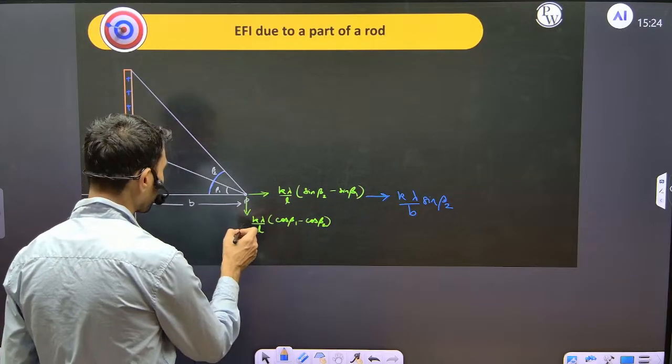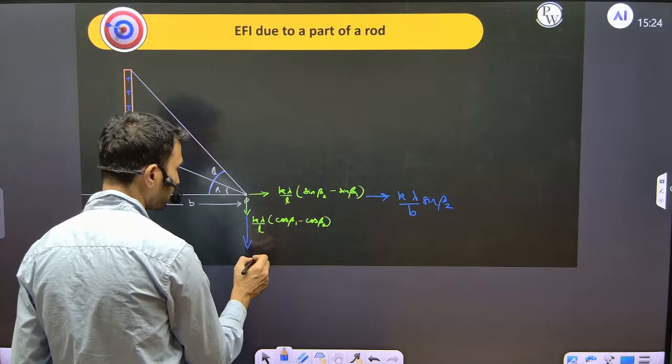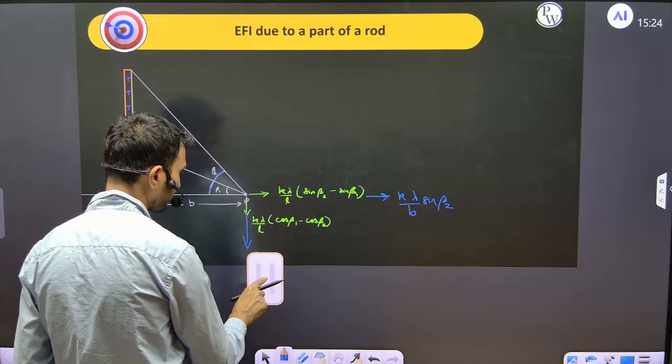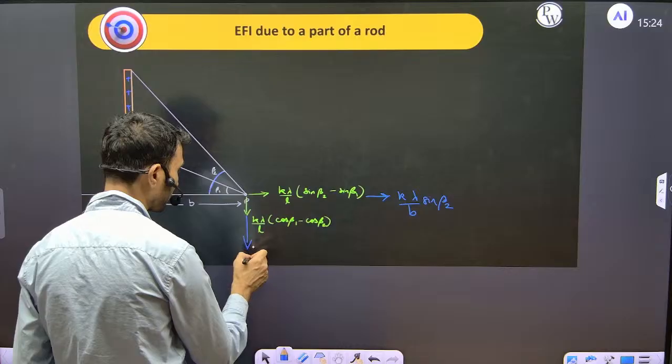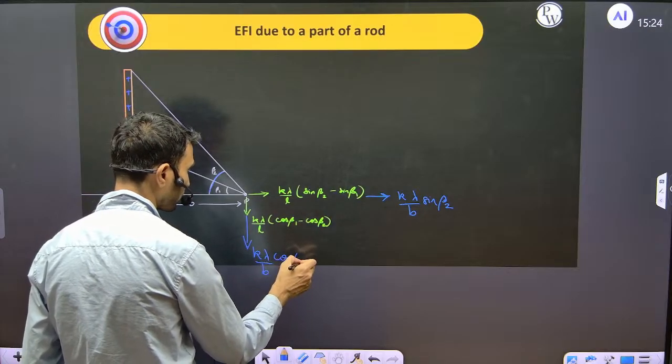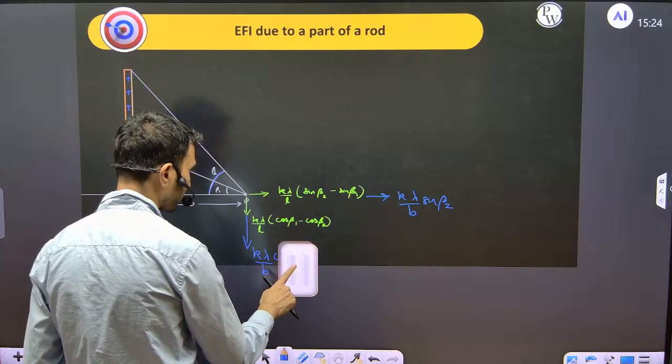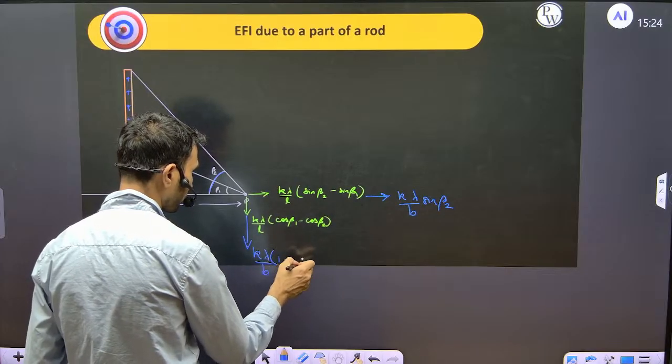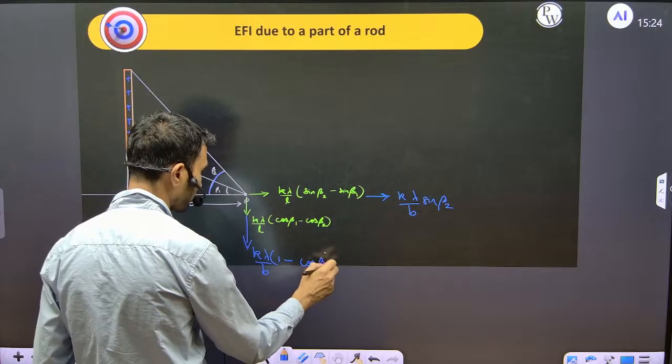And in the downward direction, it will be the same, k lambda by b, but instead of sine it will be into 1 minus cos beta 2.